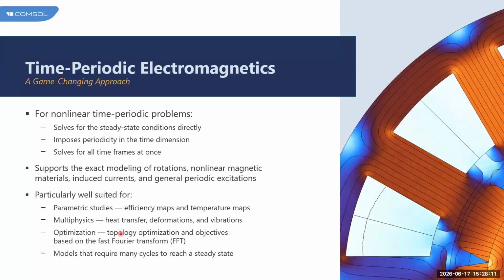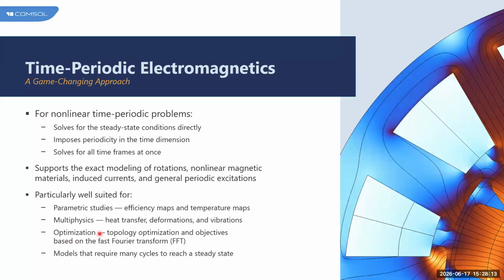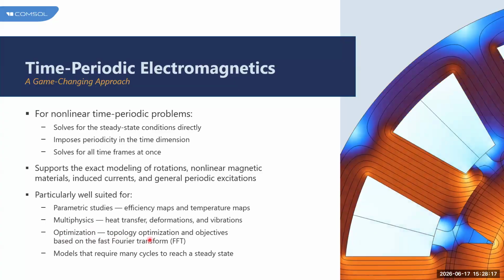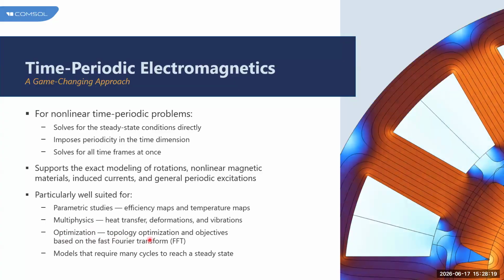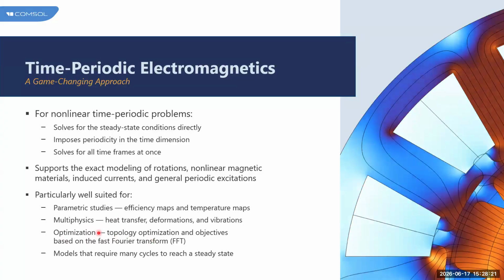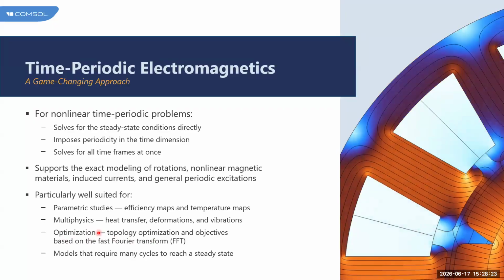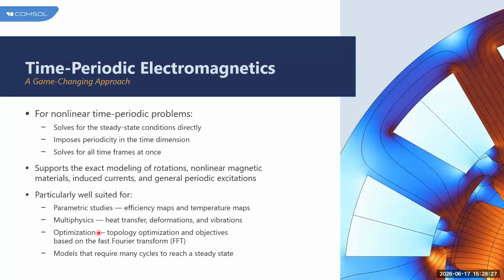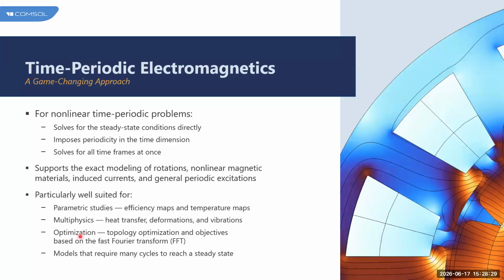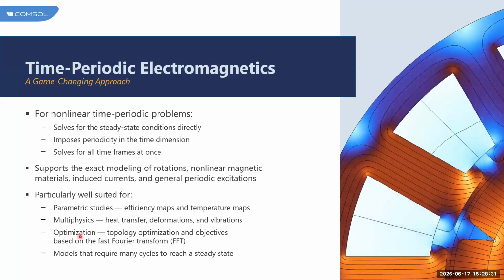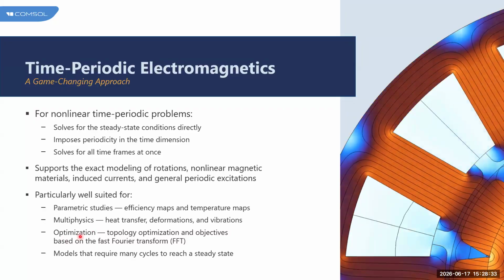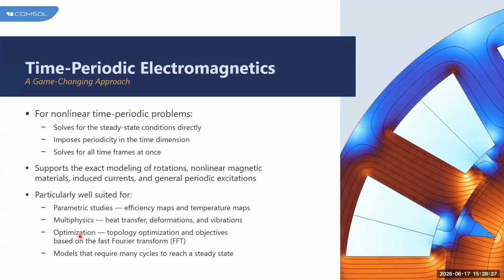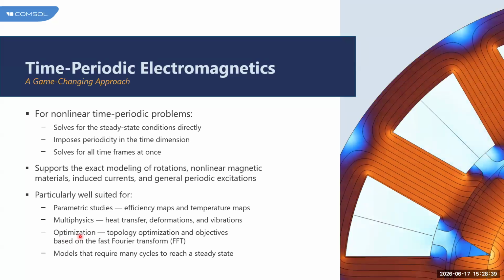And also when we perform optimization, such as topology optimization or any objective based on the fast Fourier transform. In those scenarios, time periodic analysis for rotating machinery is very useful and efficient. In general, it can be used for any model that requires many cycles to reach steady state, so there is a dramatic reduction in total computation time.